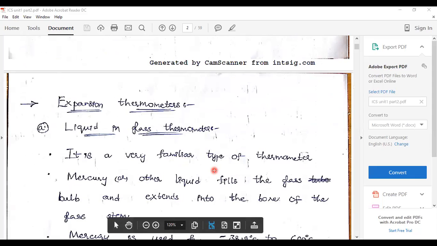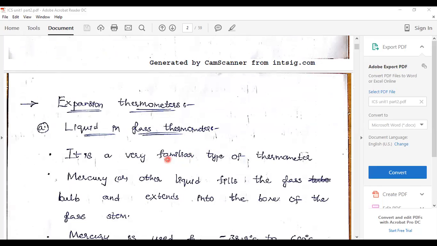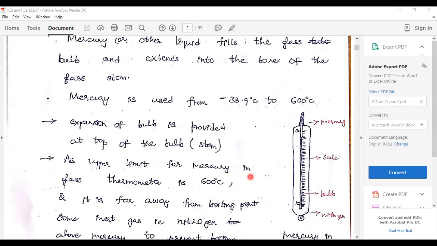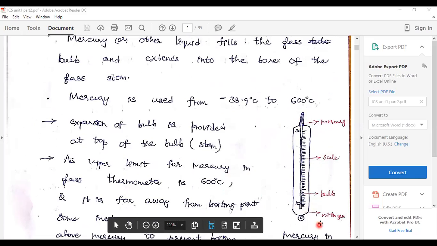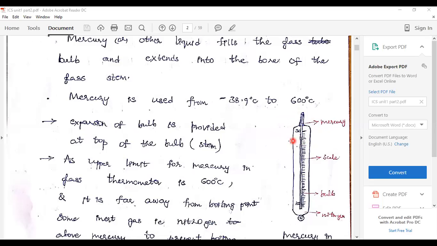Here there are the expansion thermometers. This is the first basic temperature sensing device, the liquid in glass thermometer. Inside this bulb there is mercury. The basic principle is the expansion of the liquid due to the heat, and due to that expansion, mercury will flow along this capillary tube.